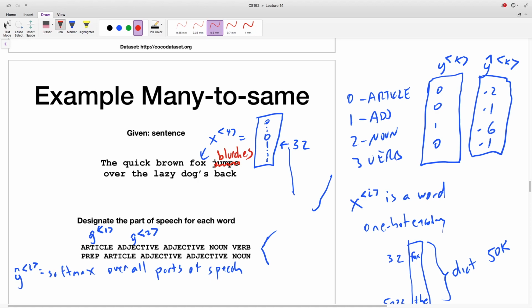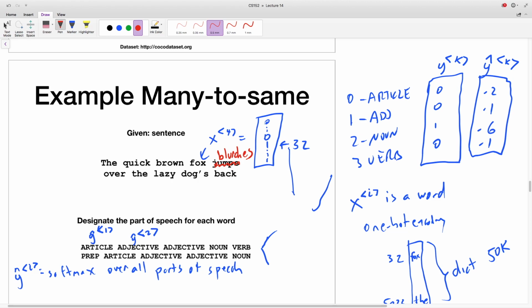We're given our input, and we're trying to come up with the part of speech. How do I know fox is a noun? It's in my dictionary, thank goodness. I have this big language model, and it somehow knows that foxes and horses and other things are nouns.